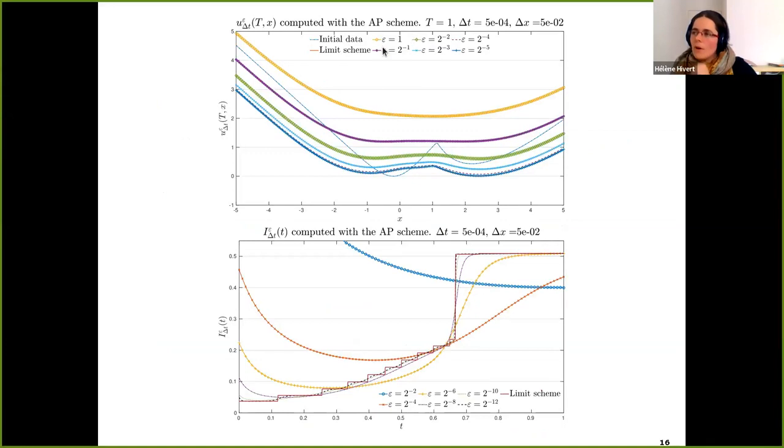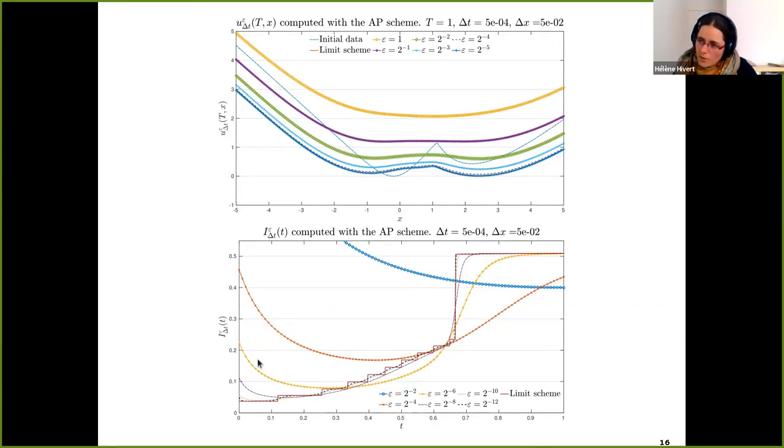Okay, on a numerical test, you can plot the U with respect to X at fixed final time, and for different epsilon, we observe that it seems to converge to something. And exactly the same thing for I. So this is for the largest epsilon of the range.